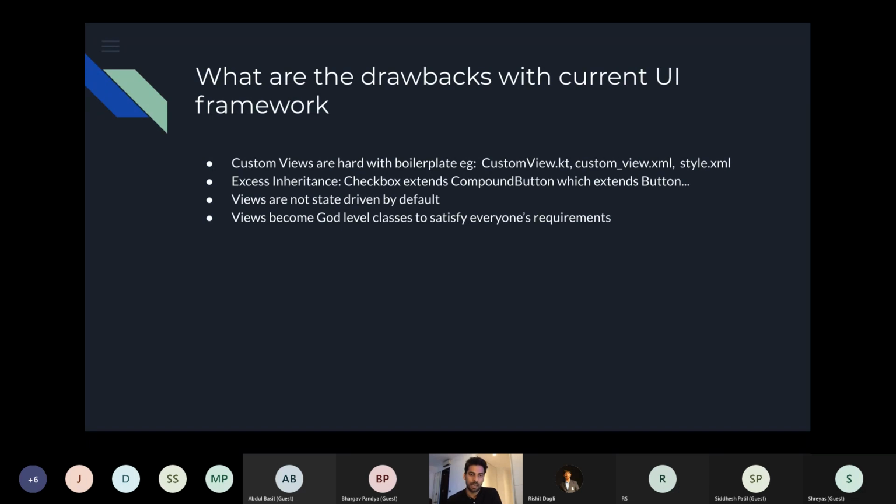We have excessive inheritance going on, like CheckBox extends CompoundButton, which extends Button, which extends TextView, and then we are inheriting properties which may or may not be used by the view itself. And our views are not state driven, so they have to update their state, and they do not manage their own state by themselves. Ultimately, our view classes become God-level classes when we keep adding more and more functionality and inheritance. So these are a couple of the drawbacks.